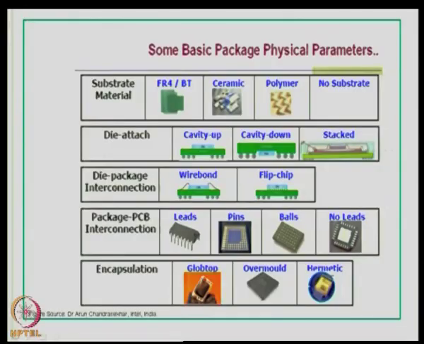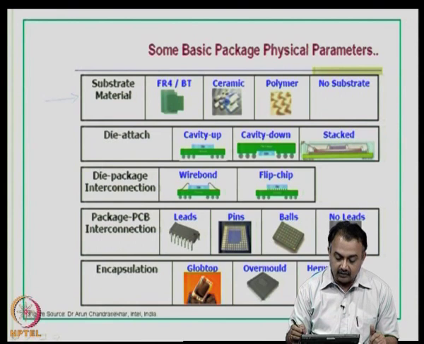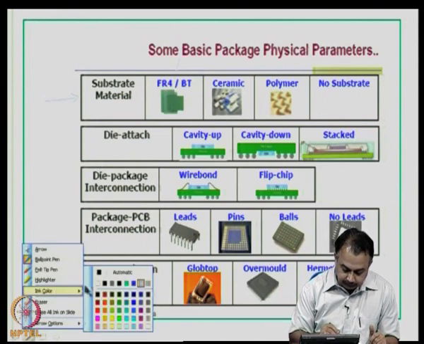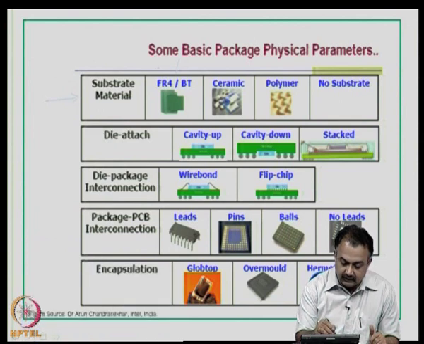Now, we look at some basic physical parameters of the packages. This is like a summary of what we have seen so far. I have introduced you to various substrate materials. We have seen what an FR4 is, basically an organic substrate.